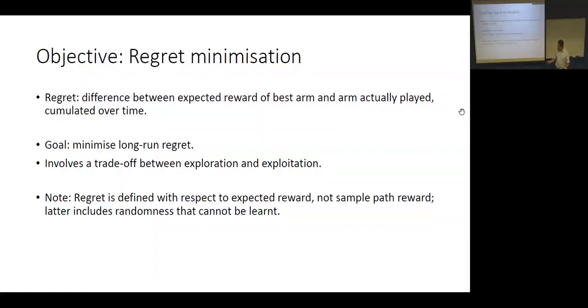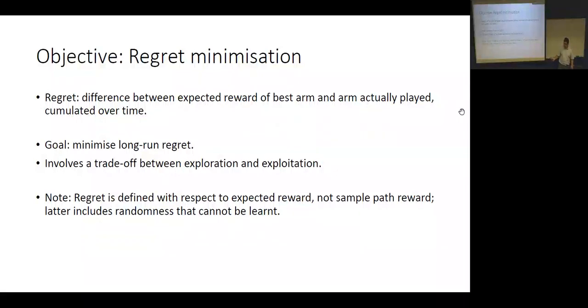And so this involves a trade-off, which you're all familiar with, I guess, between exploration and exploitation. The idea is you want to try out different things to find out which is the best option, but if you spend too much time trying them out, then you don't have enough time to exploit the best decision and get a large reward. So you have to decide how much exploration to do.